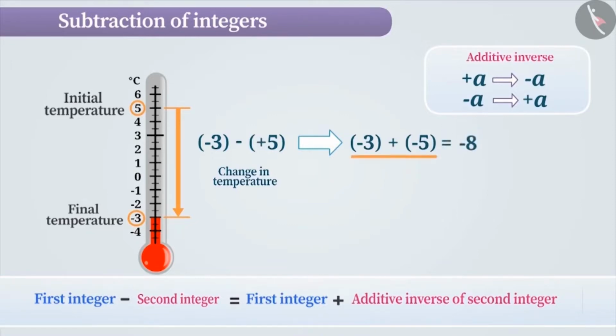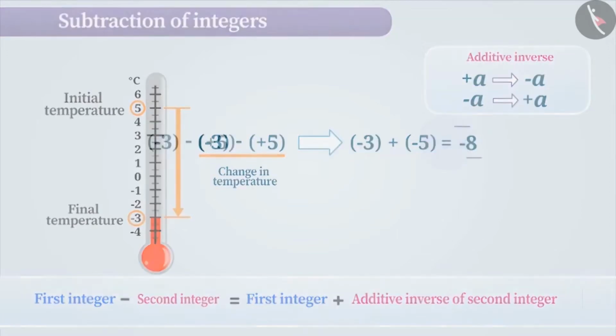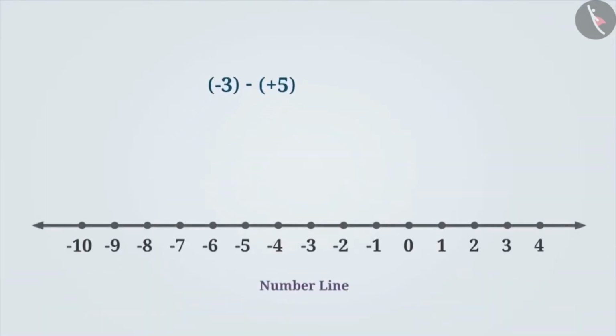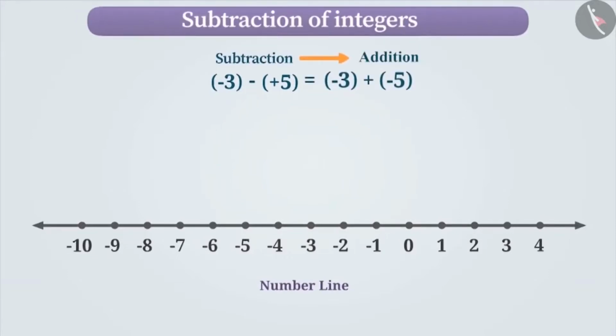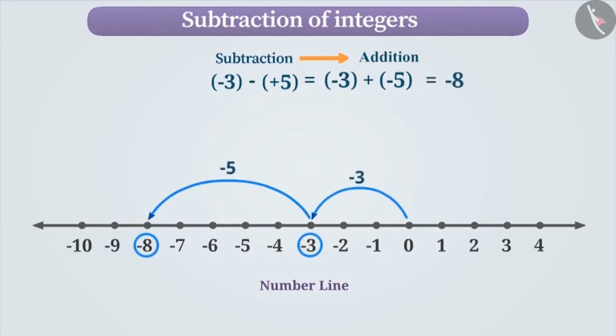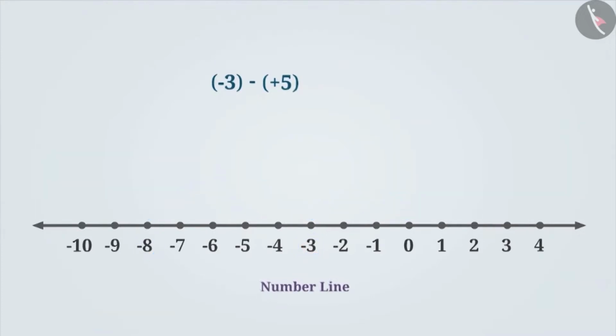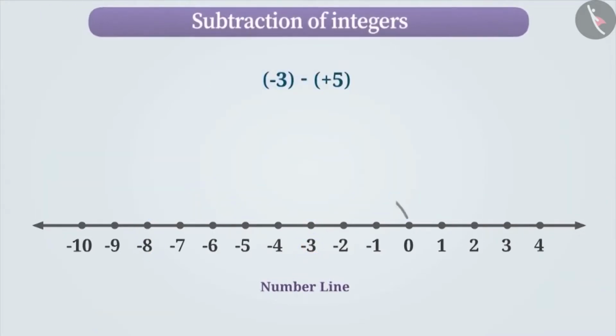In order to find the subtraction of integers on a number line, first, convert subtraction into addition. We later add the numbers to obtain the result. We can also do the subtraction on a number line without conversion. To do this, we find the location of the first integer. While subtracting two integers on a number line, if the sign of the second integer is positive, then we will move towards the left side of the first integer.